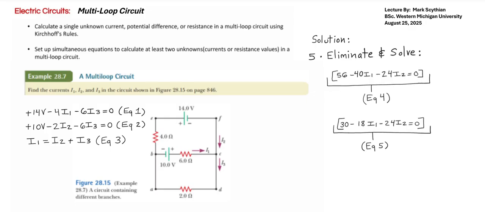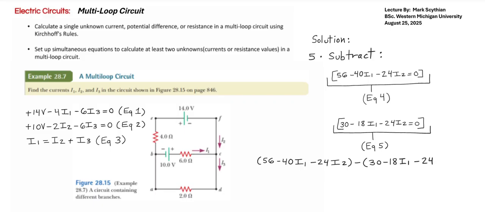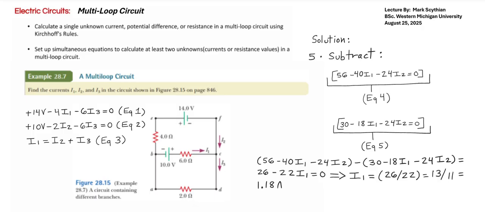So now we go into the subtract mode, as in the example as listed here. When we simplify, I1 becomes a value equal to 1.18 amps.